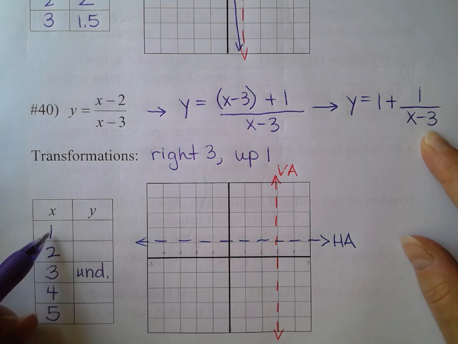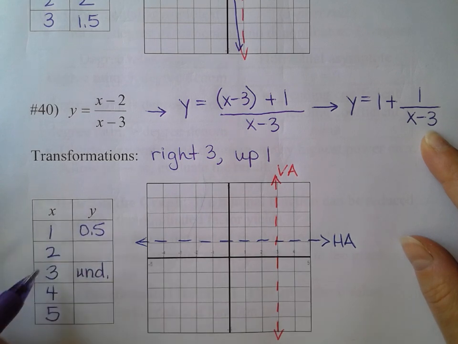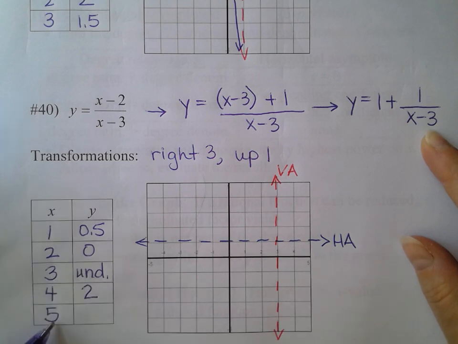I'll use 0.5 this time. If I plug in 2, I'm going to have 1 plus negative 1. So 0. If I plug in 4, I'm going to have 1 plus 1. And if I plug in 5, I'm going to have 1 plus a half.